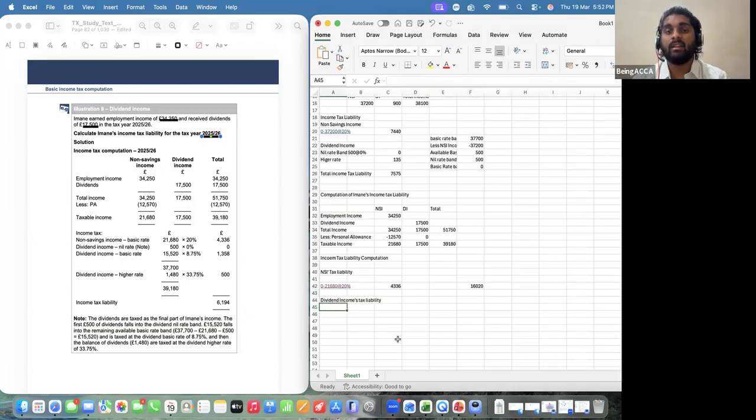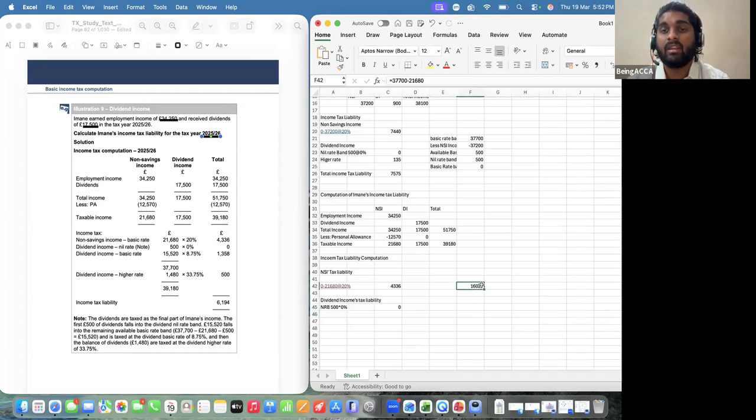So for that reason, next in dividend income, what is the first thing that we consider? Nil rate band. Irrespective of the type of taxpayer you are, you will always have a nil rate band of 500. So we should write nil rate band 500 into 0%. It would be equal to 500 into 0%.